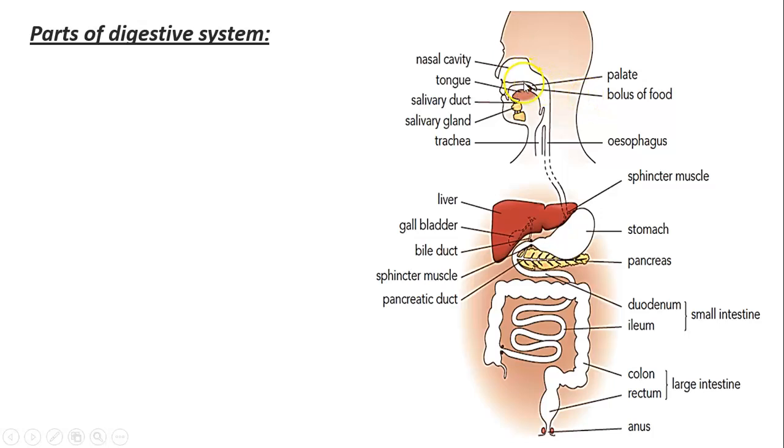Here you can see the palate and here you can see the epiglottis. The palate, specifically the last part here, the soft palate, closes the nasal cavity while you're swallowing your food to prevent the food from going into the nasal cavity. And then the food slides into your esophagus.